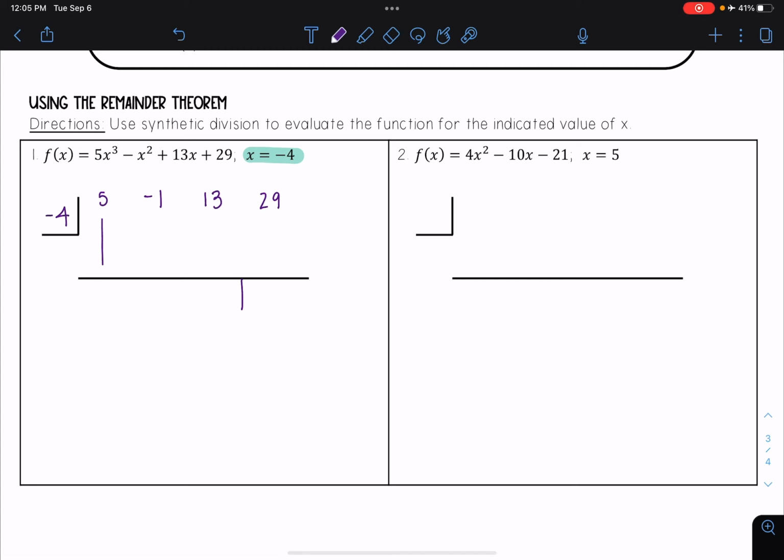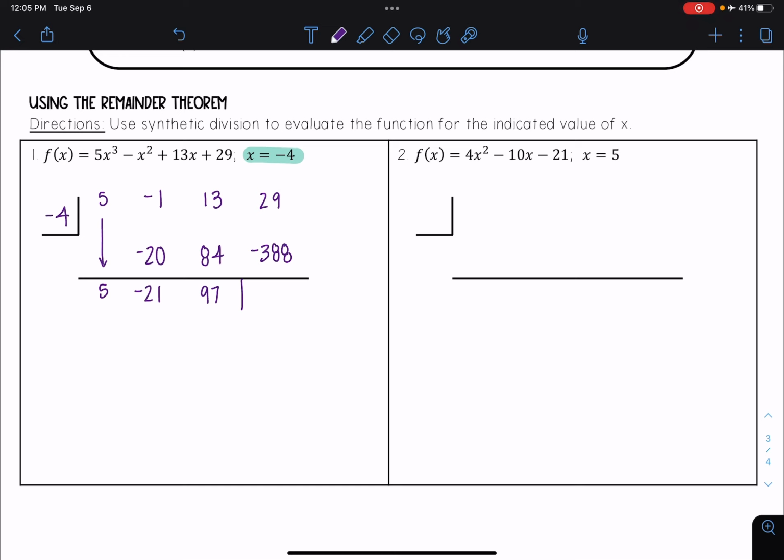So I'm going to bring down my 5. -4 times 5, I get -20. -1 plus -20, I get -21. -4 times -21, I get positive 84. 13 plus 84, I get 97. -4 times 97, I get -388.